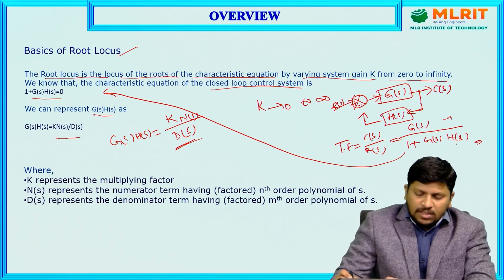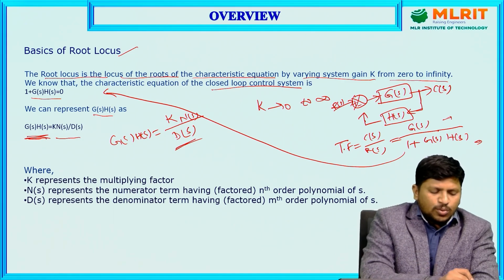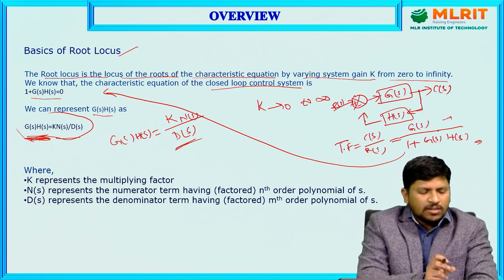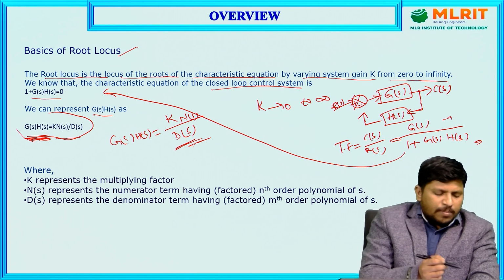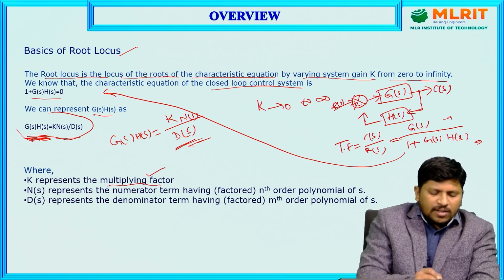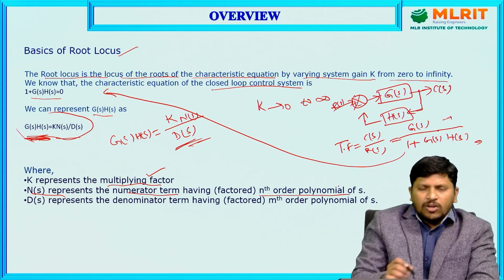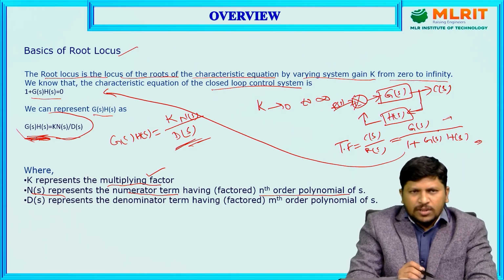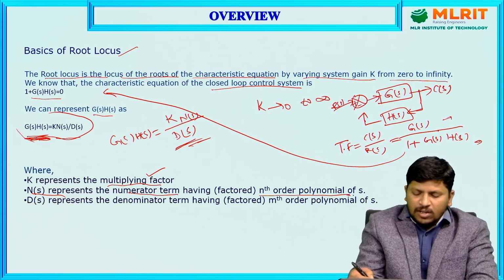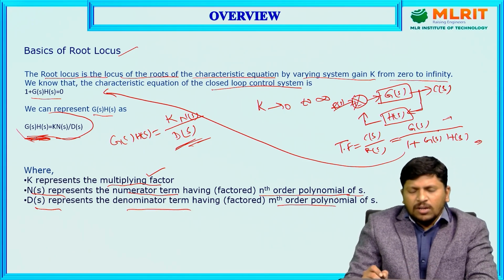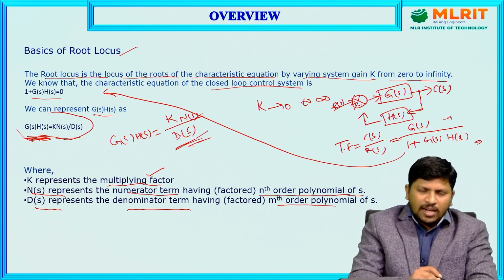Here N(s) represents the numerator, an nth order polynomial of s, and the denominator D(s) is the mth order polynomial in terms of s. Numerator term and denominator term together make the transfer function, where K is the multiplying factor or constant.